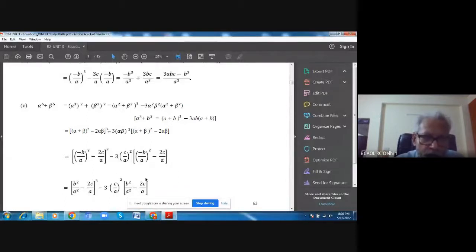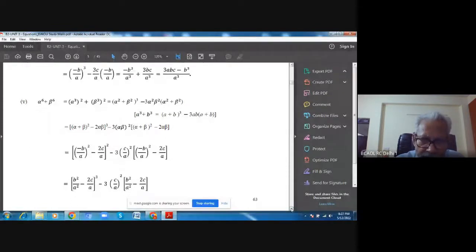Basically it is everywhere alpha plus beta, sum and product, then you can put it here. Once it is in this formation, you can fill in the values, because we know alpha plus beta is minus b by a. Then it will be easy.